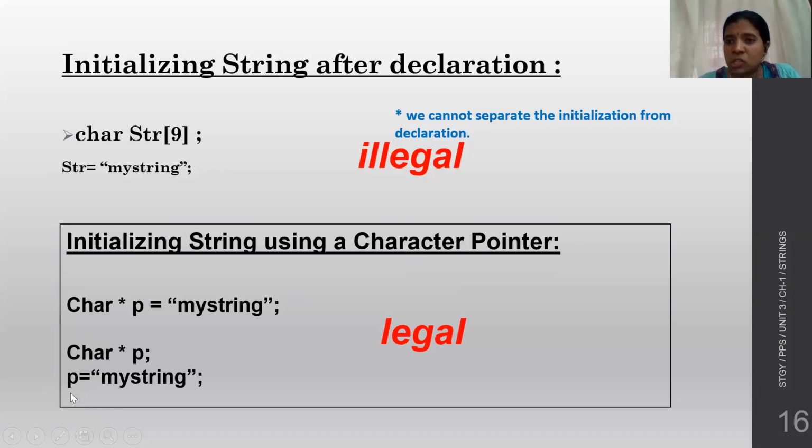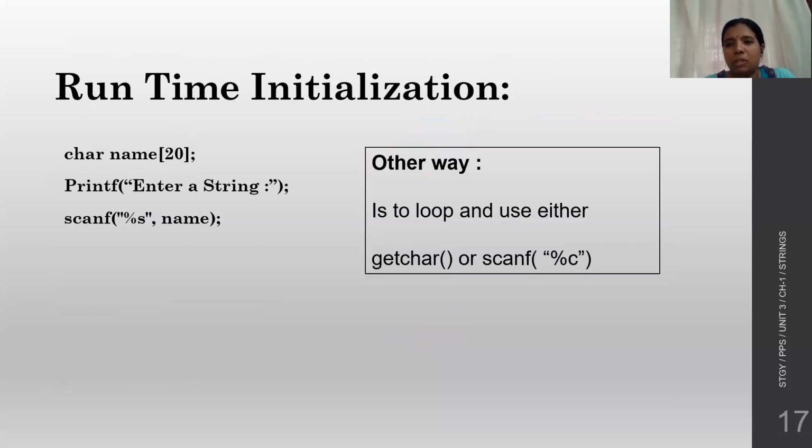Now this becomes a constant pointer, but even this is okay. This is legal in C, but trying to initialize a group of values like this is clearly illegal because it is illegal to use the array name on the left-hand side of the assignment operator. Exactly.